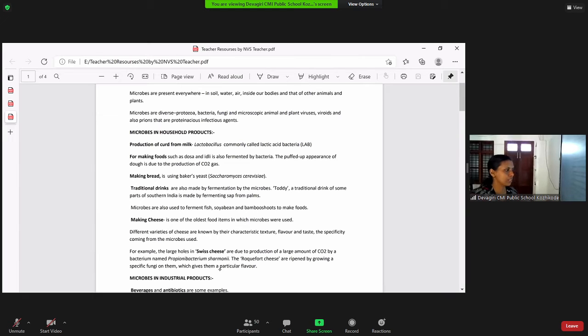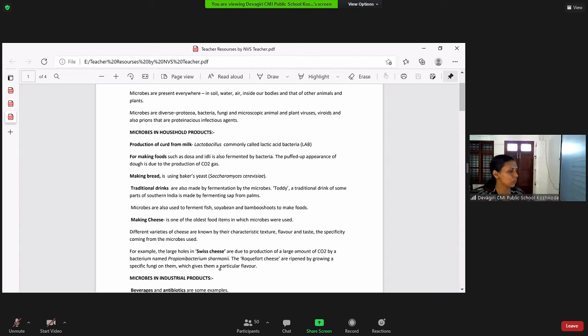And cheese, which is one of the oldest food items, has different varieties, because for preparing each type of cheese, different microbes are employed. That's why we have different texture, flavor, and taste for the cheese. Why? Because the specificity is due to the microbes. In your textbook you need to learn only two names of cheese.